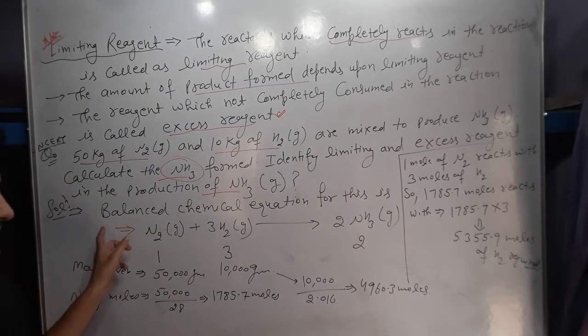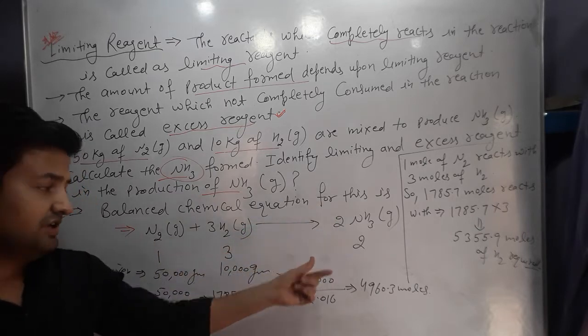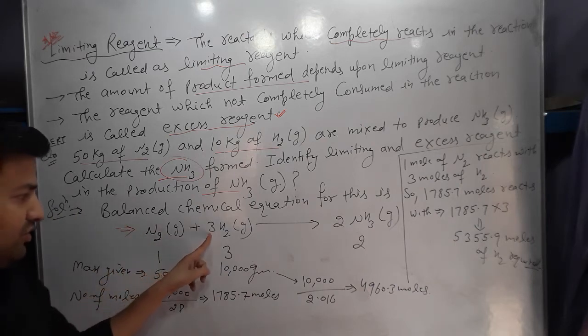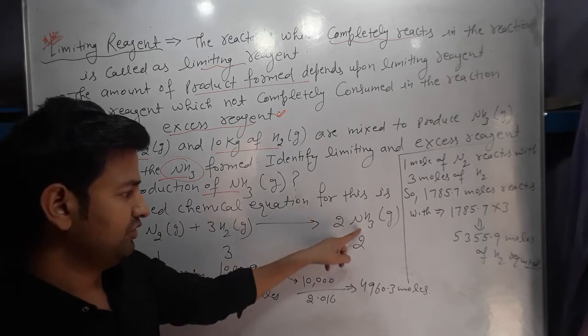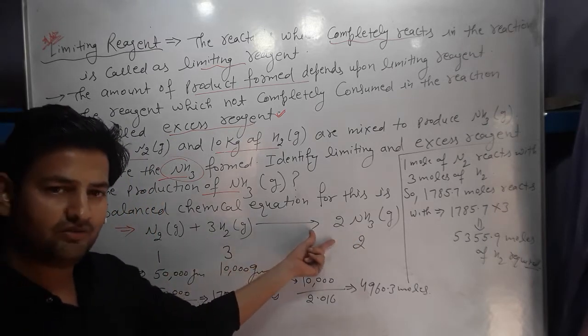The balanced chemical reaction for formation of ammonia: N2 plus 3H2 gives 2NH3. One mole of nitrogen reacts with 3 moles of hydrogen gas to produce 2 moles of ammonia gas.